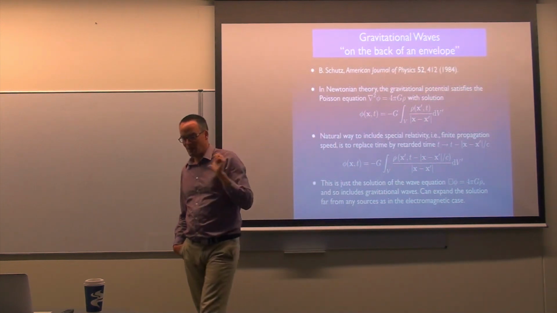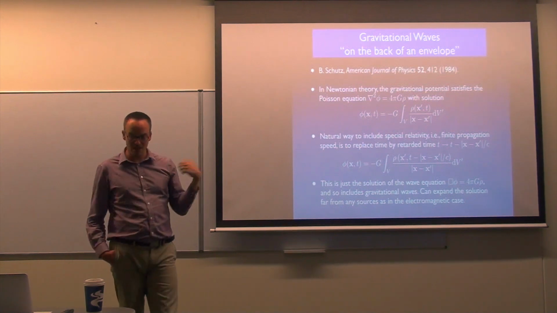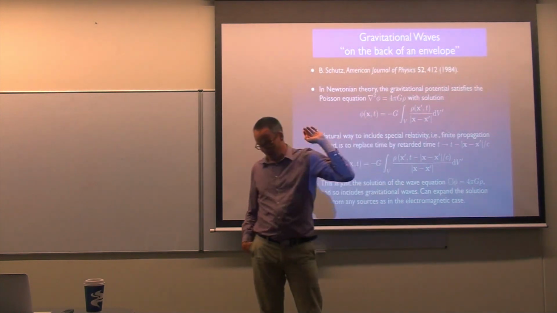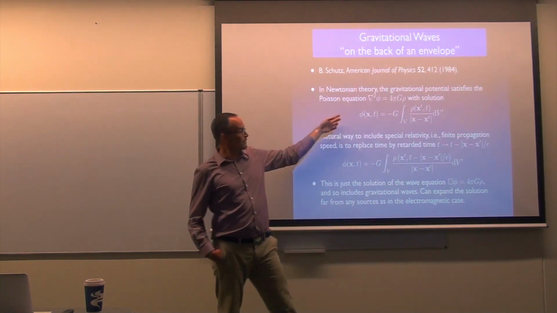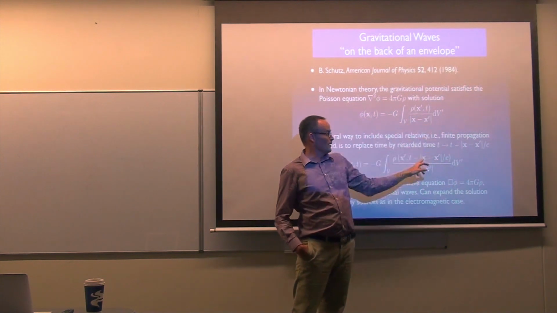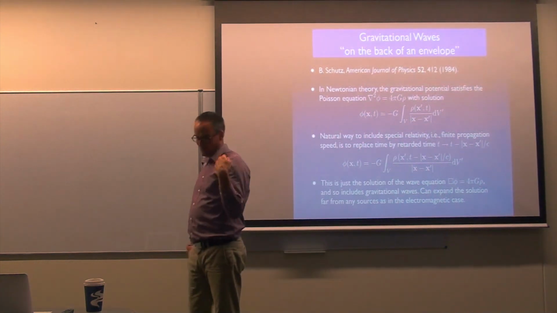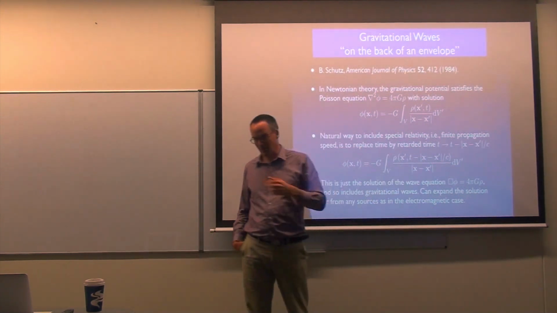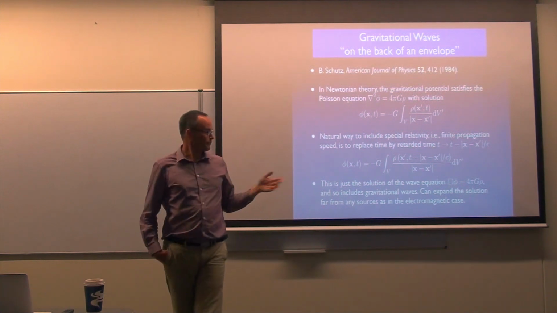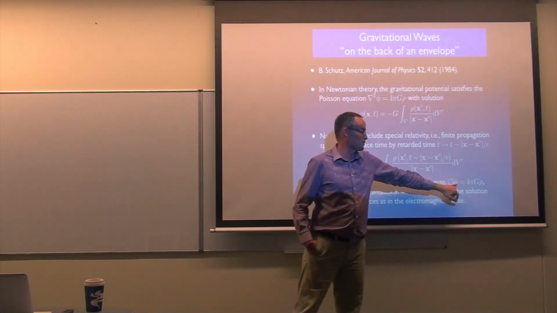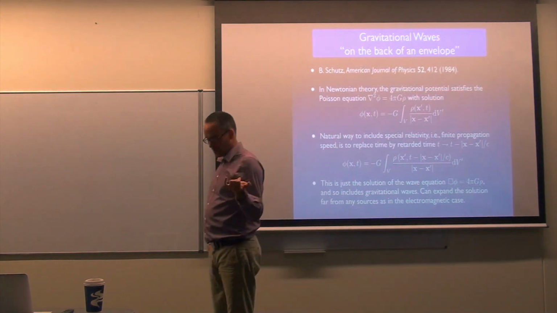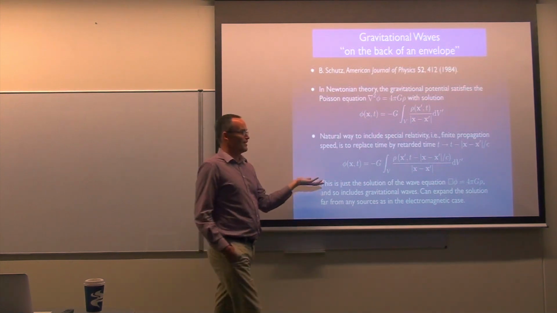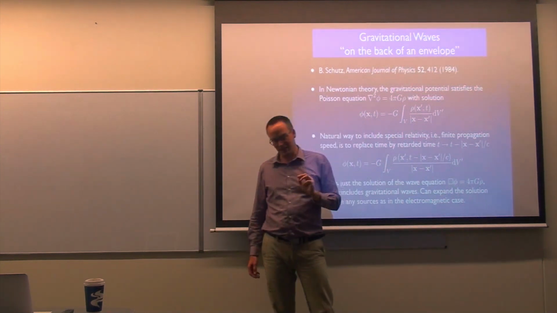If all you do to make gravity relativistic is include time delays, then by this analogy with the vector potential, we can replace the integral at fixed time here with an integral over retarded time. So that's saying that the field at large distances responds to changes on the light cone. Now this is a solution to box of phi is 4 pi G rho rather than del squared phi is 4 pi G rho. This is not Einstein's equations. It's not too dissimilar to what you get if you do things properly in GR.